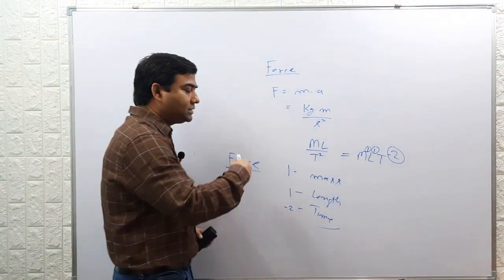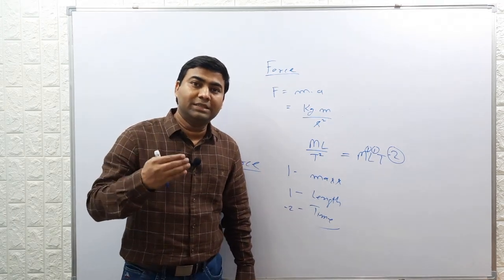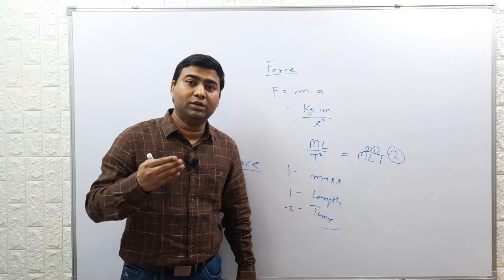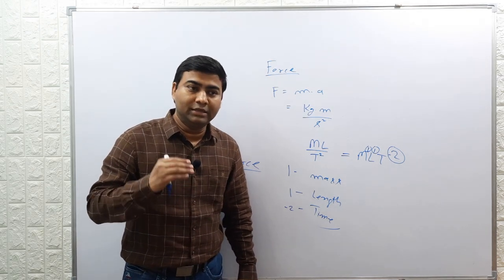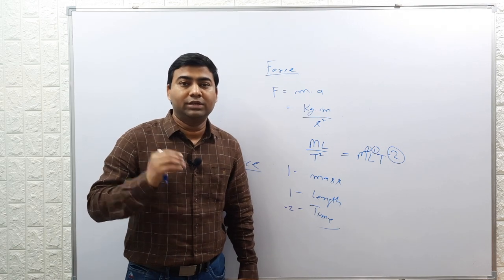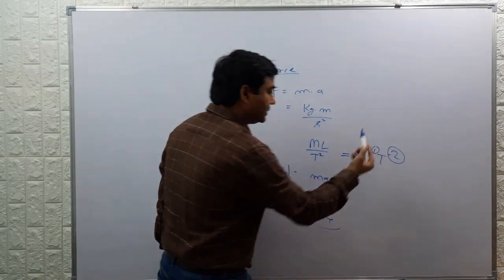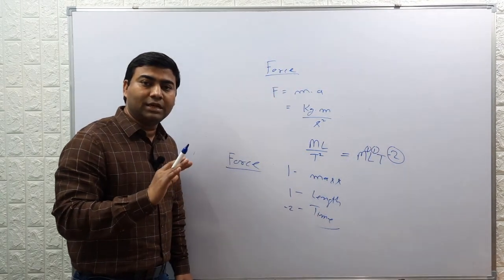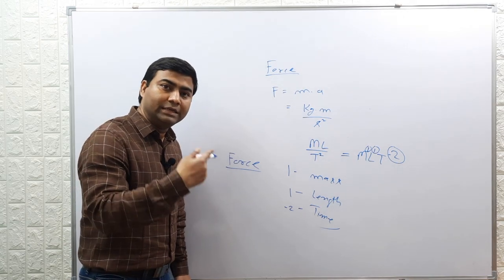These powers to which the base quantities have to be raised to represent the unit of a particular physical quantity are called dimensions in different base units. In simple terms, dimensions are powers to which base quantities are raised.